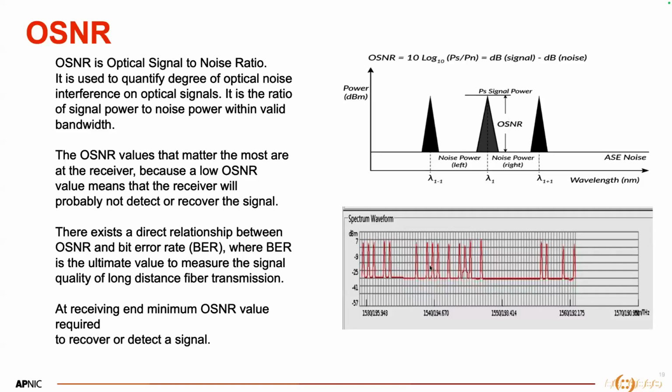The values you are seeing here are basically showing the OSNR of each and every lambda. It depends on the value of the noise and the value of the signal power, and then you get a ratio between them. So your NMS will find it out for you.